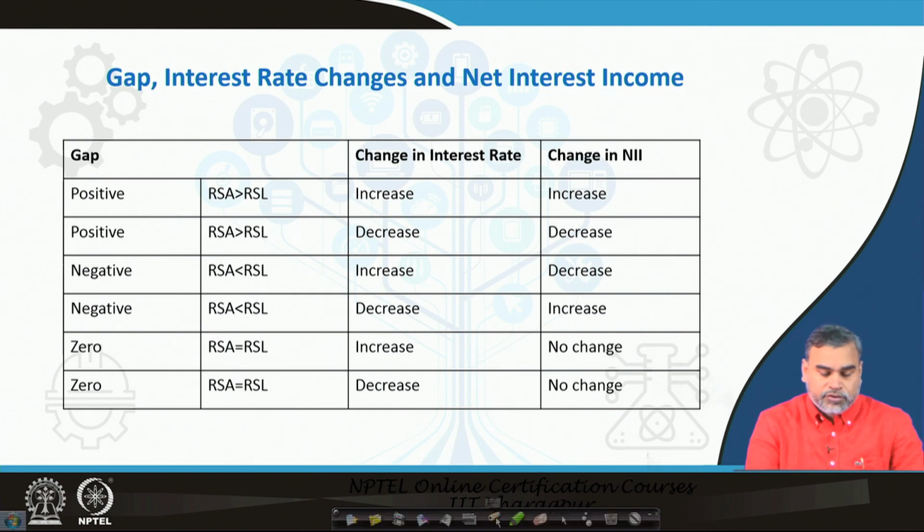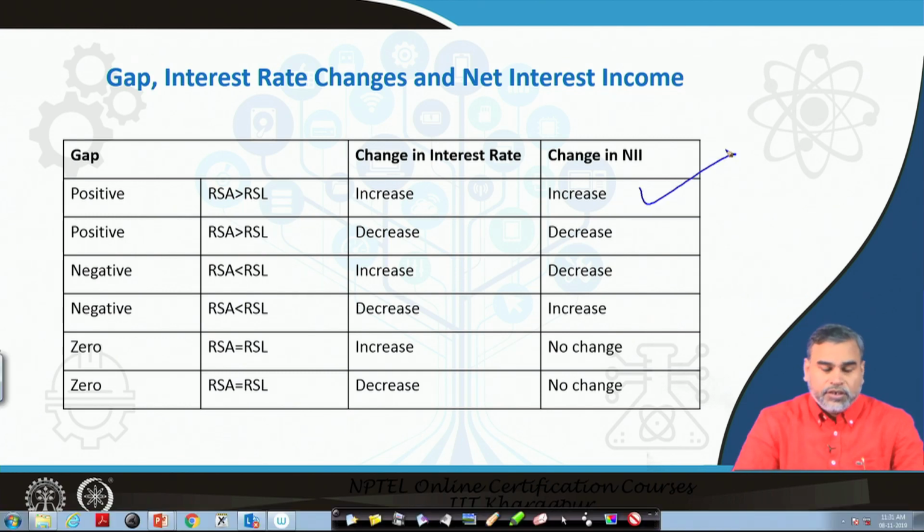If it is again positive, but the interest rate declines, for example from 7% to 5%, then the net interest income will decline. How much will it decline? The same, 20 million multiplied by 0.02, but with a minus sign, giving minus 40 basically, because it will be declining.